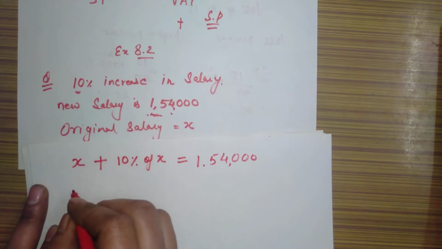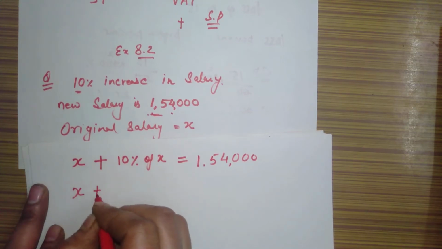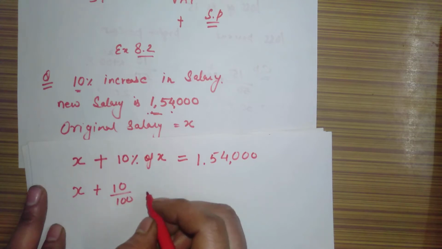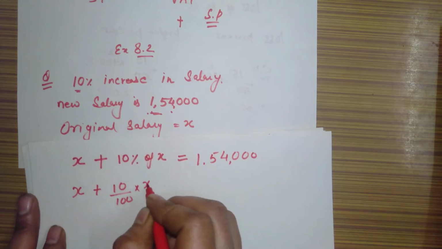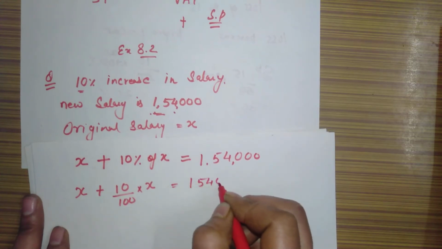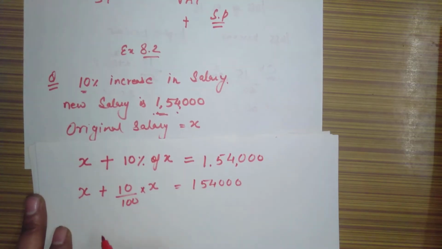Now we can calculate this. Original salary plus 10%, means 10 upon 100, equals 1,54,000.